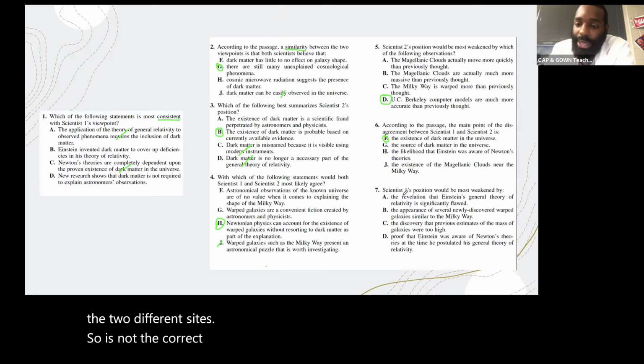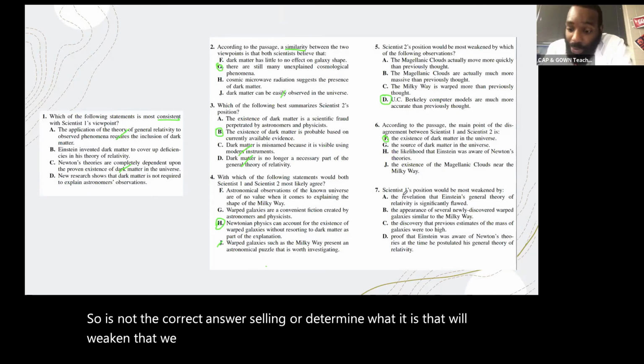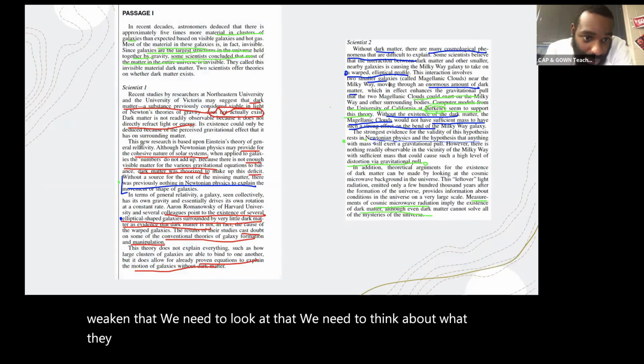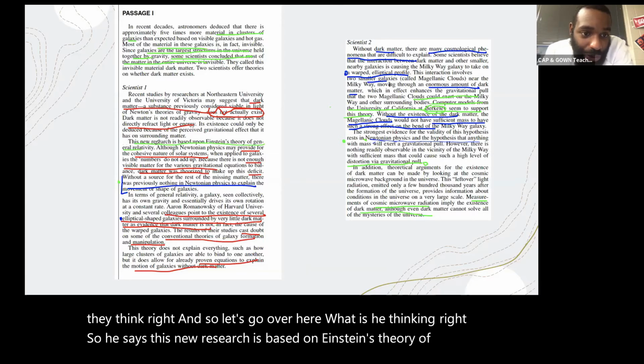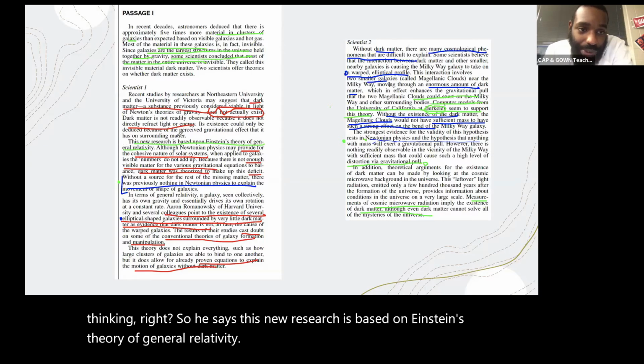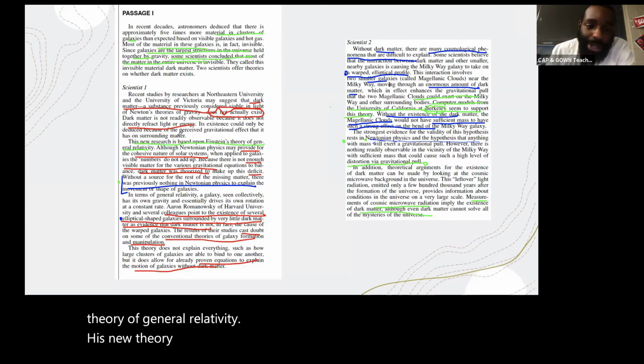So in order for us to determine what will weaken that, we need to think about what do they think, right? And so let's go over here. What is he thinking? He says this new research is based on Einstein's theory of general relativity. So his new research is based off of this, all right?